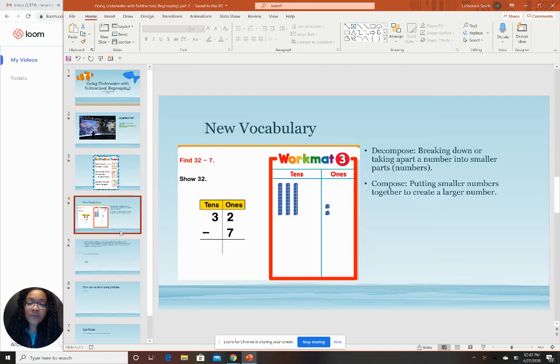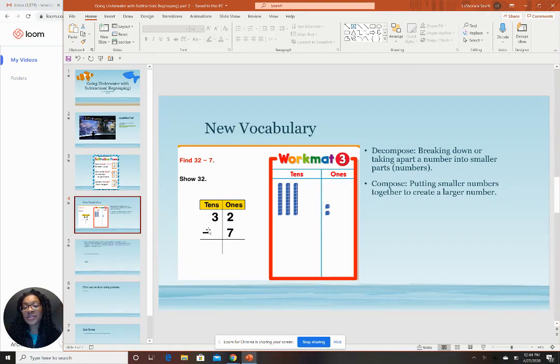So I'm going to go over our vocabulary one more time. So decomposing is when you break down or take apart a number into smaller parts or numbers. So for example, we went over the same exact equation on Monday, but when we have more on the floor, we need to go next door. So you can't take away 7 from 2.